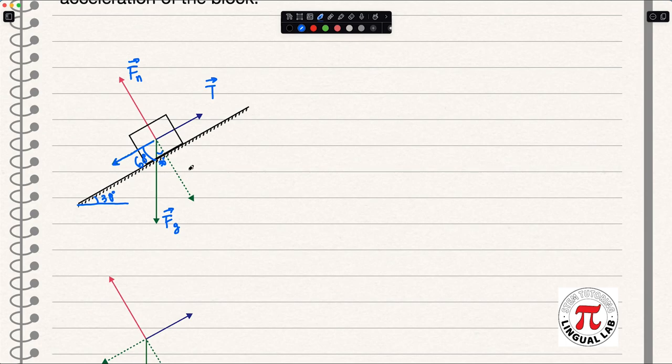The tension force is opposite to this component, so the tension force is equal to the component of this force. This angle will be 30 degrees. Therefore, it is the gravitational force multiplied by sine 30 degrees.